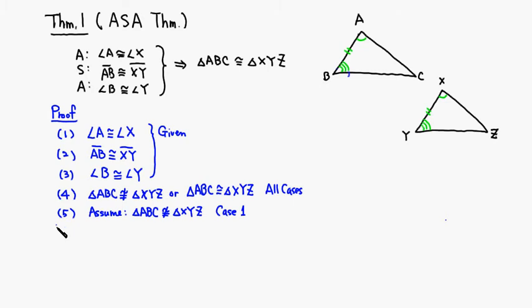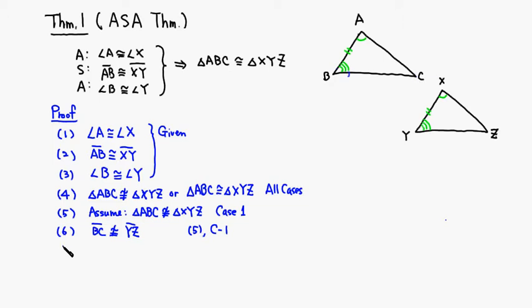So with this assumption, we know that segment BC is not congruent to segment YZ. This comes from line number 5 and also C1, because otherwise it would satisfy side-angle-side. Right? So we know this.